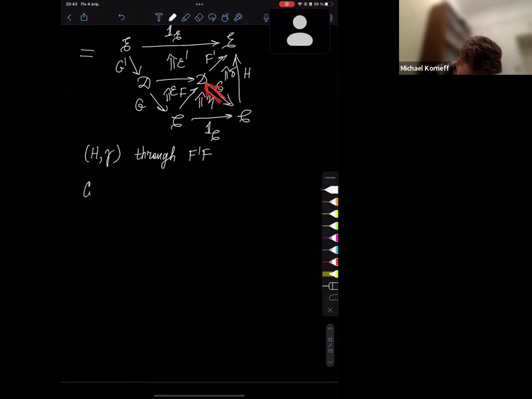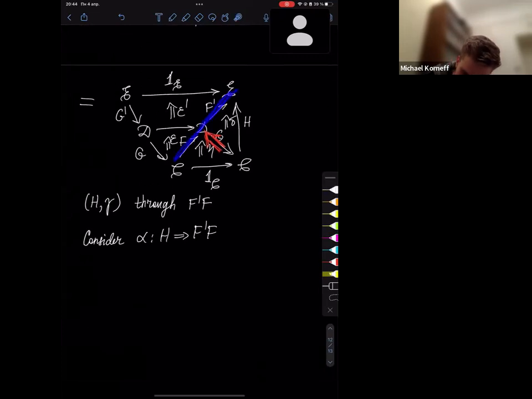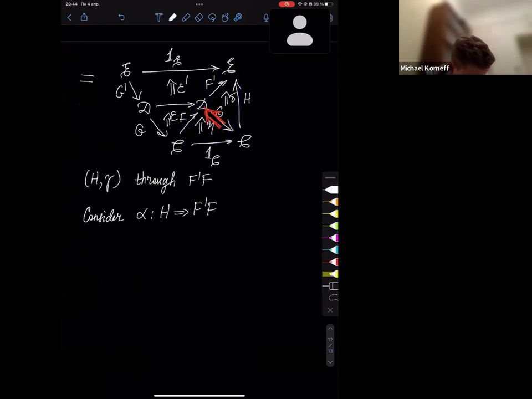Consider any natural transformation alpha from H2 to the composition. And we will have the diagram from C to D to D prime, and it is alpha.